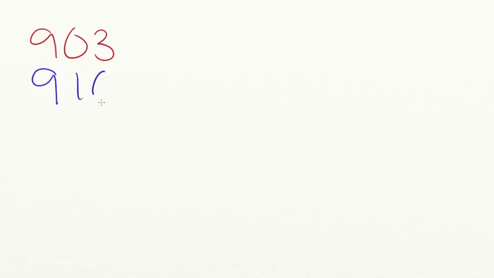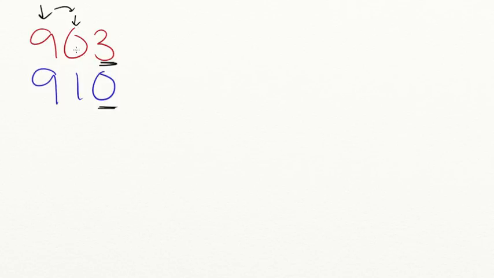Let's see if you can compare 903 with the number 910. All right, step 1, make sure that the ones places are lined up. Step 2, go all the way to the left and compare the numbers in that place value. Since 9 and 9 have an equal value, we're going to move to our next place value over and compare the tens place.